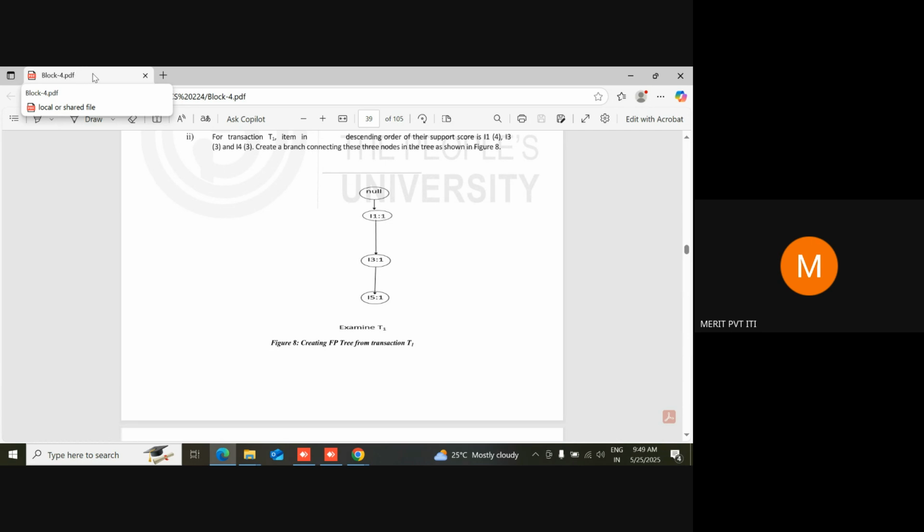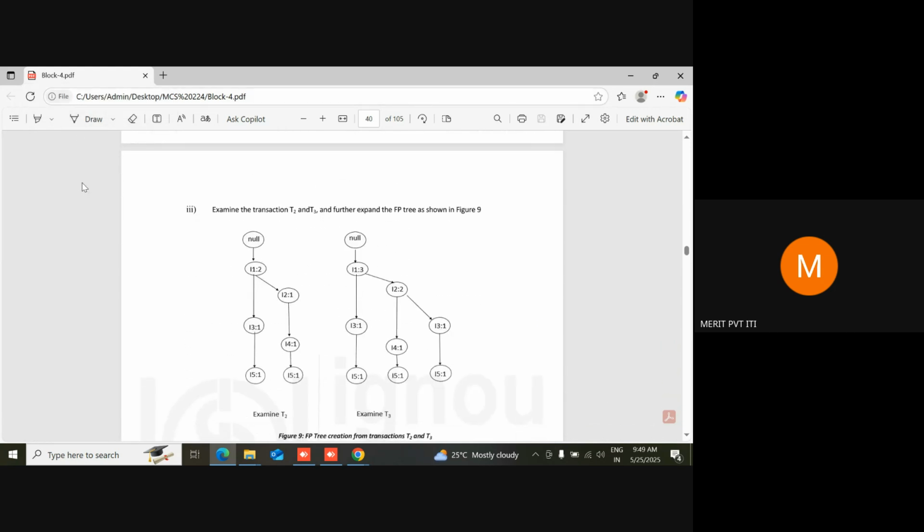That's null, T1, this is T3, this is T5, and so on. These are the various examples, the transactions T2 and T3, so you can see this is the example for T2, and the example for T3. That's where the graph is made, with all the branching and so on.